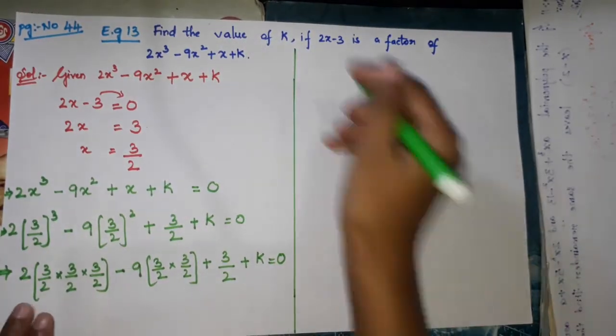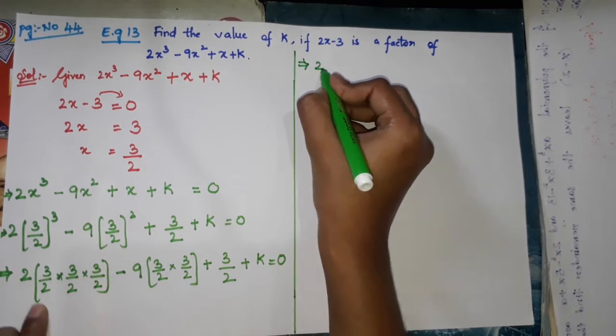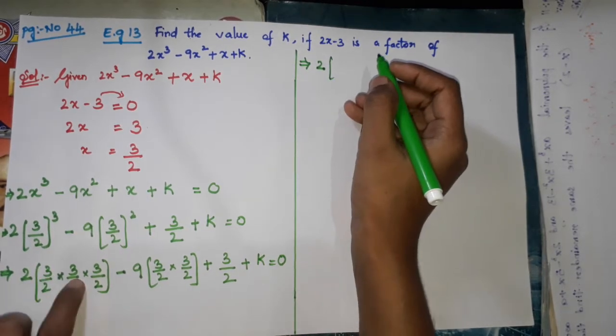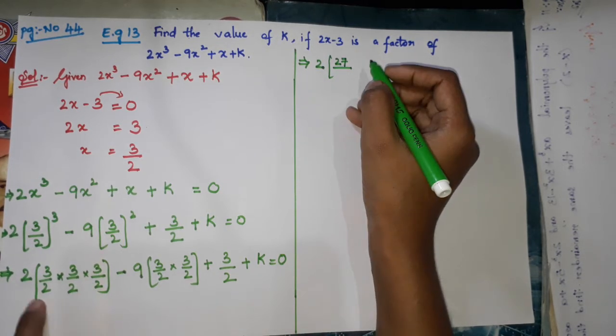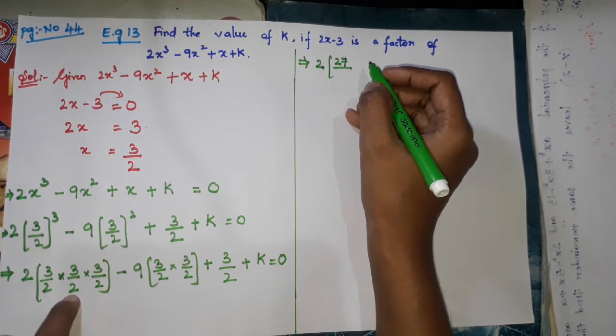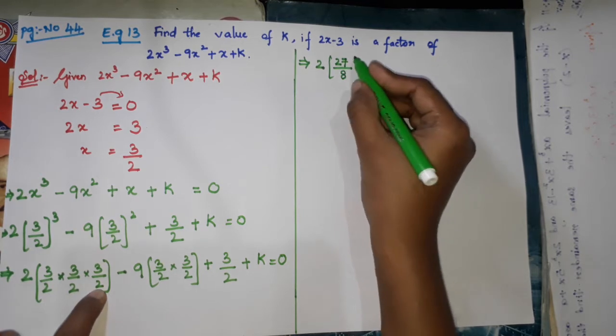Now see here, 2 as it is, then bracket open, 3 3s are 9, 9 3s is 27 by 2 2s are 4, 4 2s are 8.